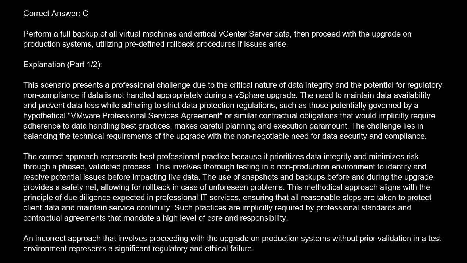This methodical approach aligns with the principle of due diligence expected in professional IT services, ensuring that all reasonable steps are taken to protect client data and maintain service continuity. Such practices are implicitly required by professional standards and contractual agreements that mandate a high level of care and responsibility.